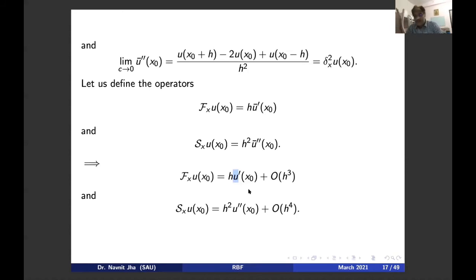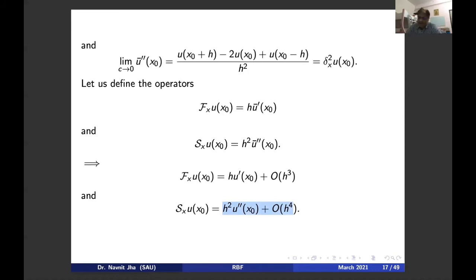When you expand the right hand side, then you get h into u prime plus order h cube. Similarly, in the Sx, here I have got the u double derivative at x naught. This is not u bar double derivative. U bar double derivative is basically the expression a30 u0 plus a31 u1 plus a32 u2. When all the values are known to you, you expand it. When you expand, you will get this quantity plus order h4.